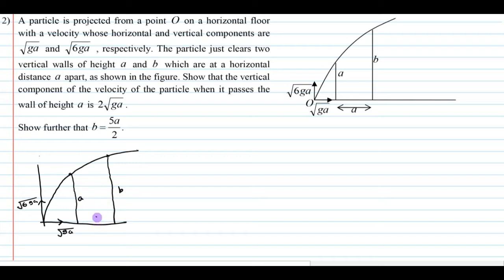Distance between the two vertical walls is a. When passing the first wall, the horizontal component of velocity root ga will not change. Suppose that the vertical component of velocity is v.